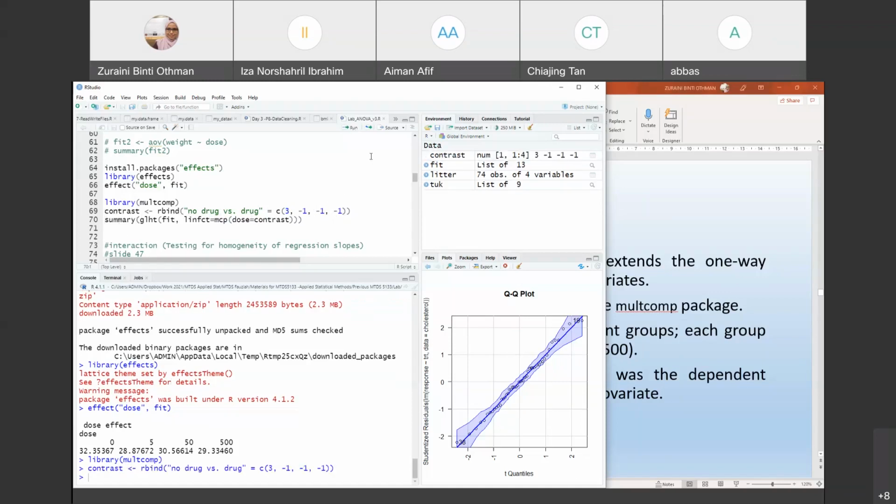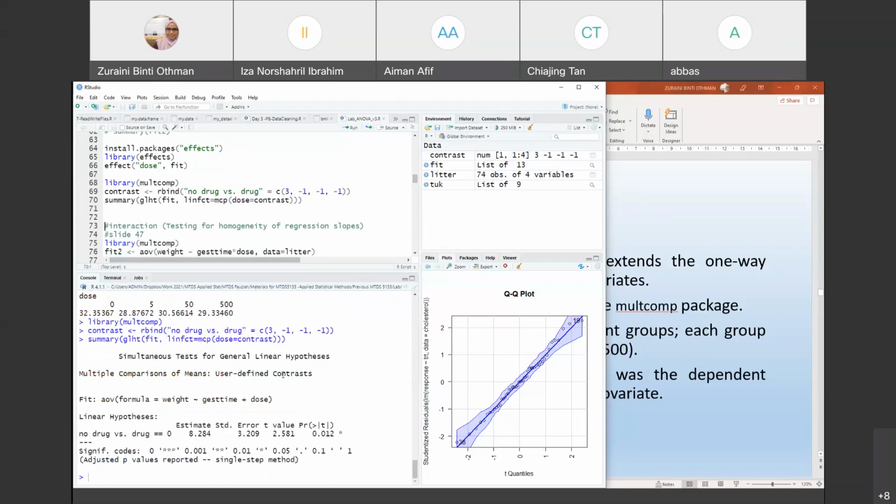Okay, then the summary for this. We can see that this result, based on the p-value, is significant because it has a star here, which is less than 0.05.